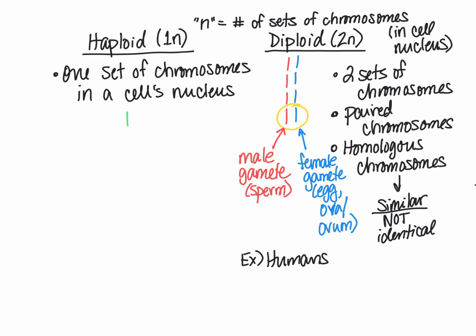So you would only have one set of chromosomes in the cell's nucleus. Some examples of haploid cells include gametes, so sperm and eggs. And gametes exist not only in humans, but also in plants.